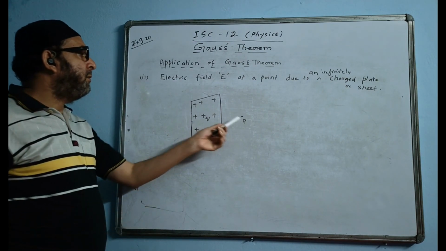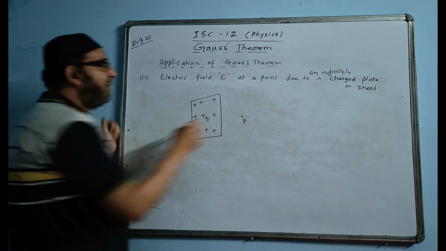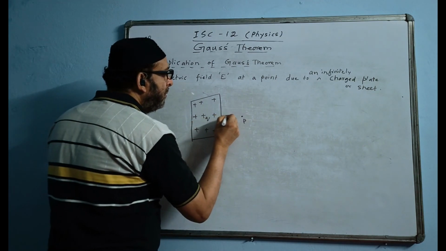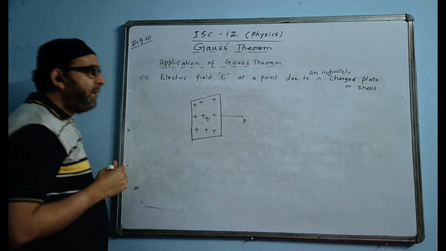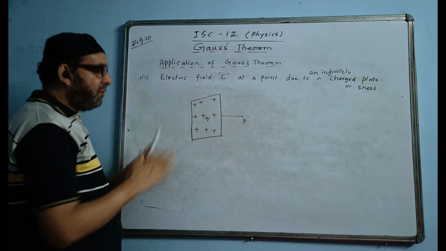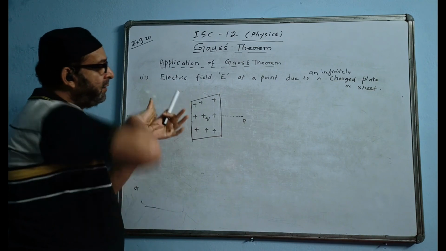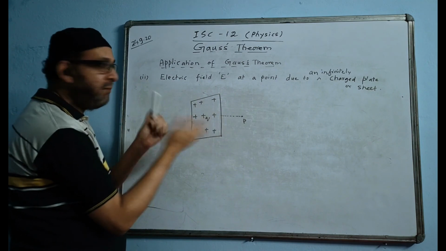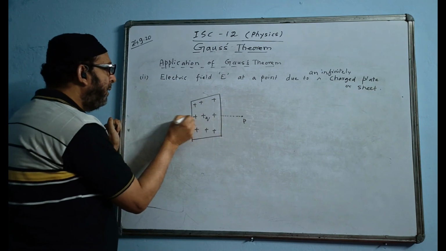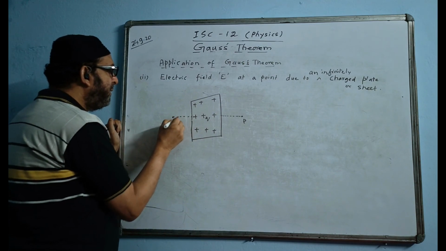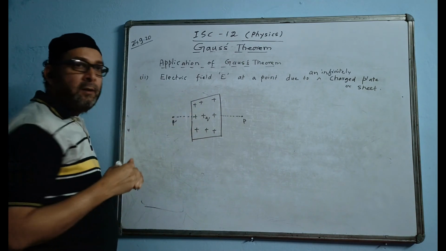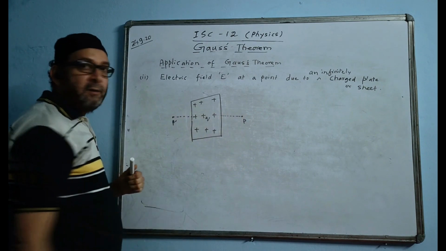The Gaussian surface out here at this point, suppose this is the point P here, but it is very thin. The charge will be behaving as both the sides, this side also and the other side also. So P is one point here, and one point at the same distance, we can take this side as P dash. Same distance here and same distance here.